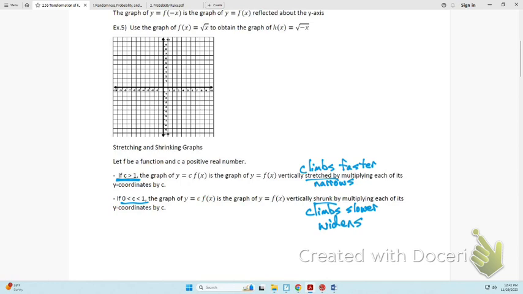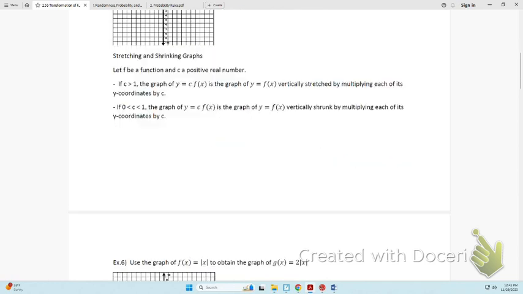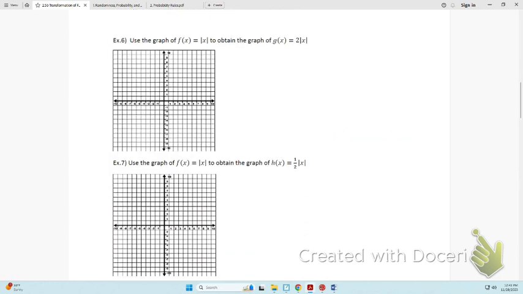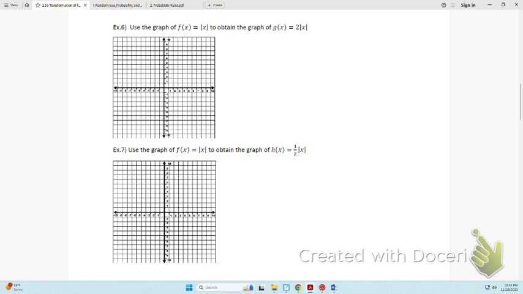So let's look at 2 different examples of that. On this one, we have a 2 in the front. It is larger than 1. Therefore, it's going to make this graph climb faster.